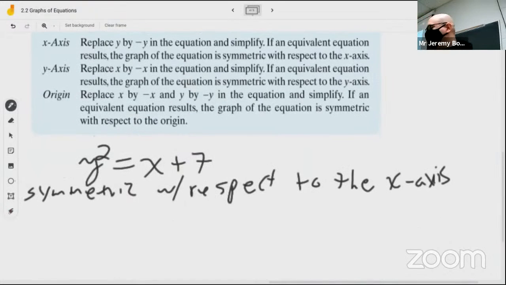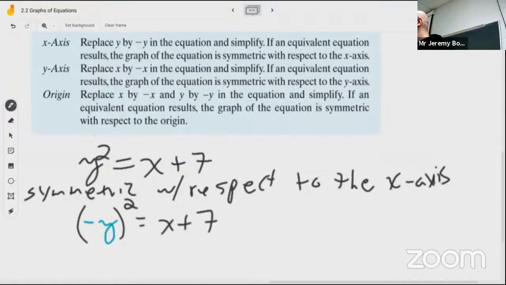What we're going to do, in our equation, we're going to take what y is, and we're going to replace that with negative y. So we're going to have negative y squared is equal to x plus 7. Notice it was y squared, so now it's negative y squared. That's why I group it in parentheses, so that the whole thing is being squared.